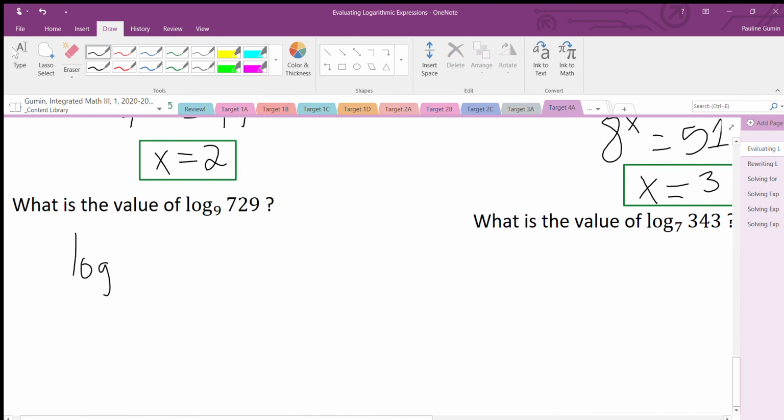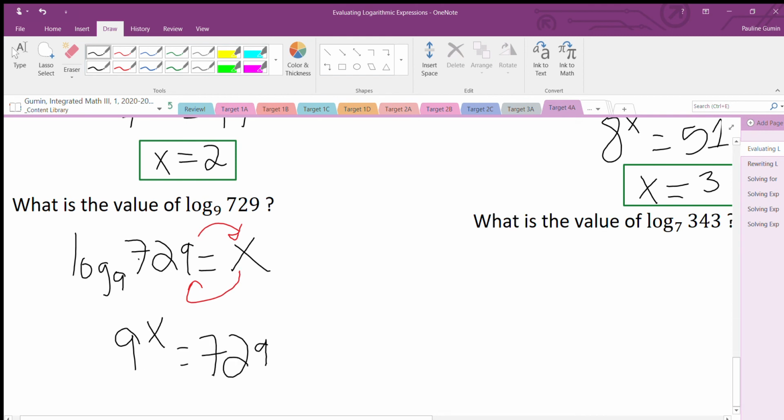Log base 9 of 729 equals x. I'm going to practice rewriting it, following the clockwise motion. So 9 to the power of x is 729. I don't know why I know this off the top of my head, but I know it's 3.